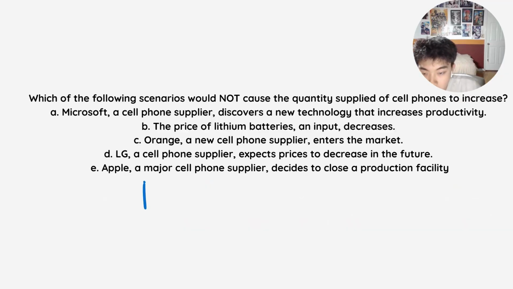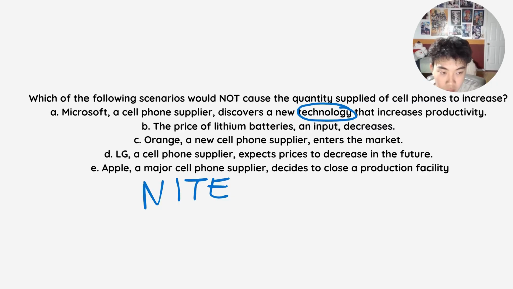So for this one, we can think of NITE, where N is the number of sellers, I is input prices, T is technology, and E is expectations. So A, this one talks about technology, so that would cause an increase in productivity.